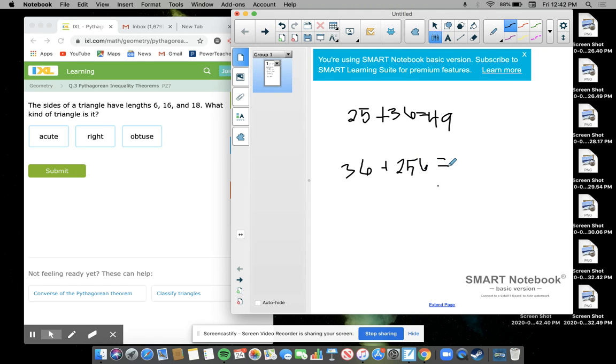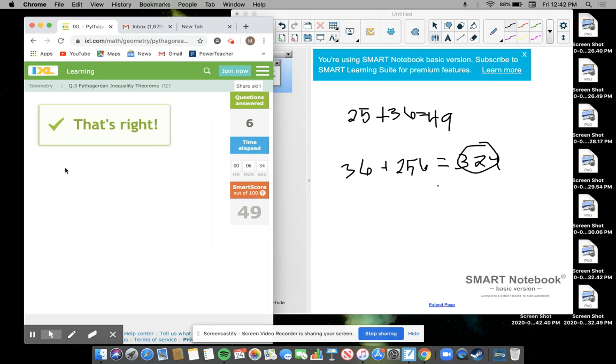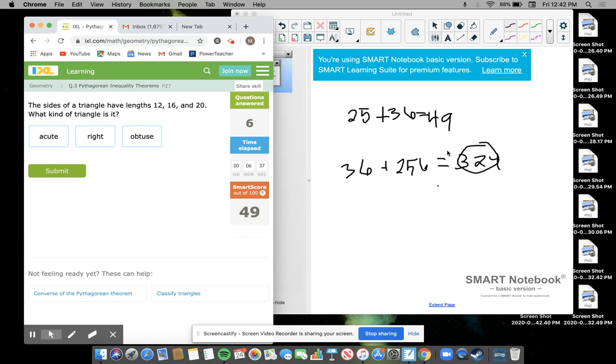Equals 18 squared, 324. I add those together, I get 292. So this side is larger, making this an obtuse triangle. Okay, the larger side was on the right.